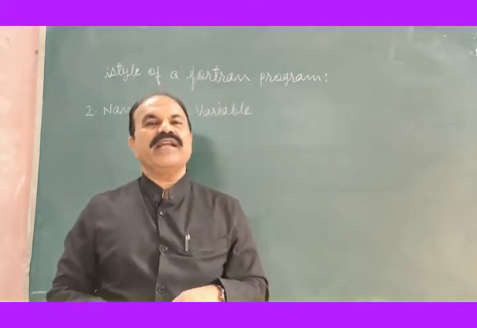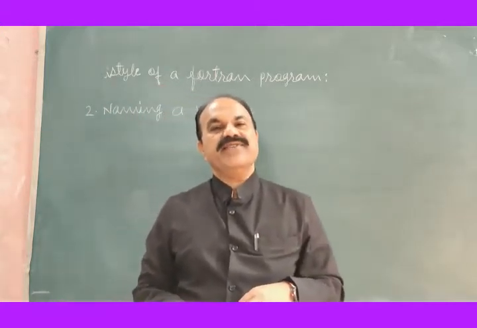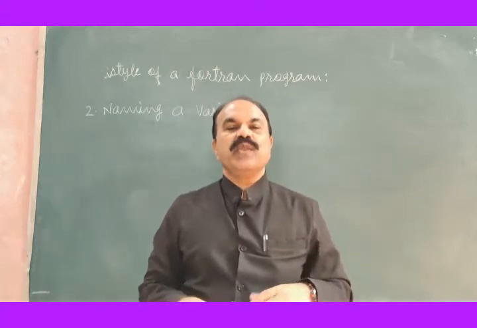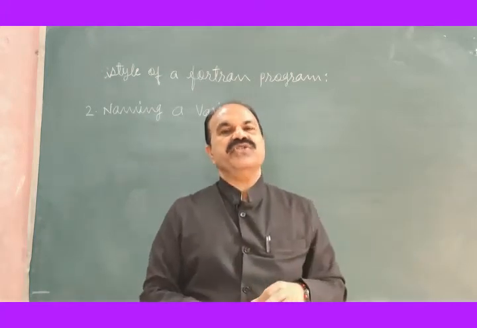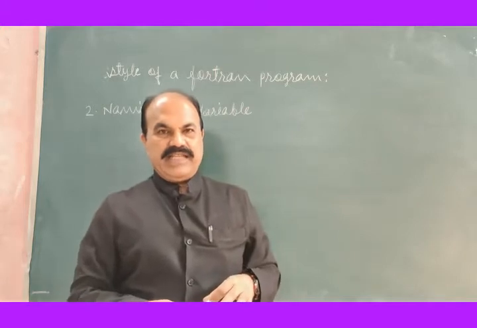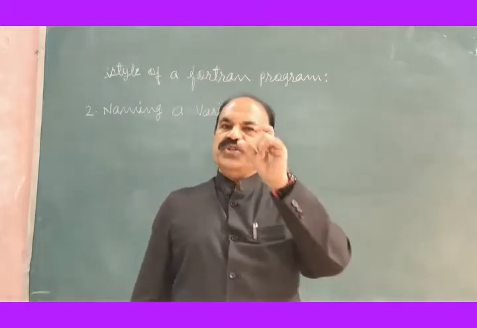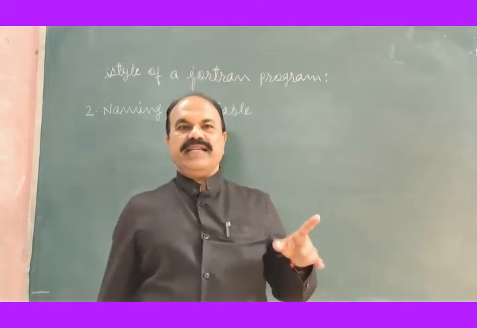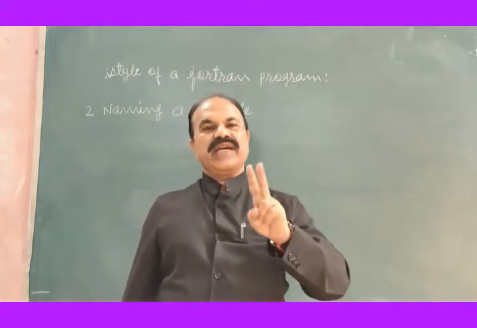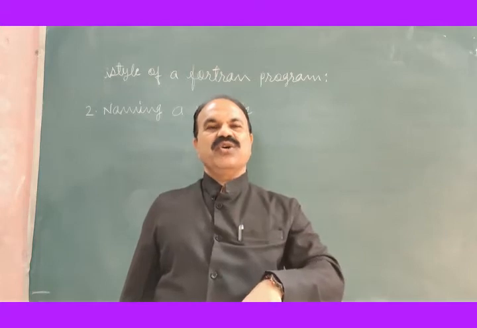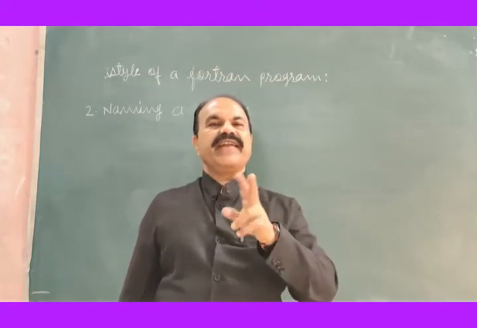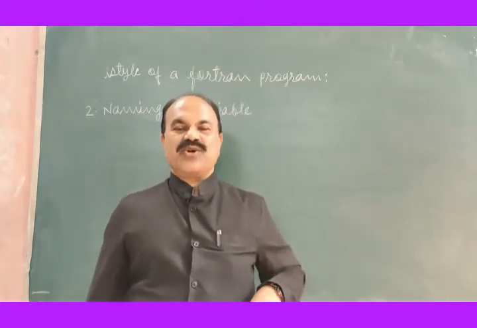So, whenever we are naming variables in Fortran program, we must follow these rules. Length of the variable may be 1 to 6 characters long. It may be 1 character long, 2, 3, 4, 5, 6 characters long.